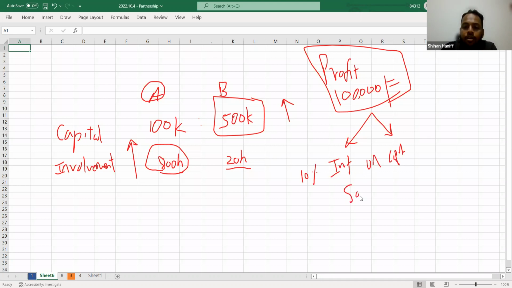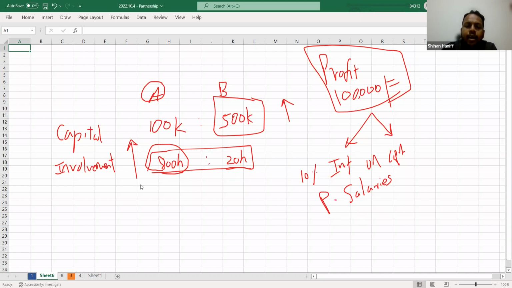And also, they can pay salaries. So whoever involved more, they can decide on a salary package and give the salary. So it will give a portion from the profit as salaries. Right? So this salary is not an expense. It's the salary given from the profit, partner salary.